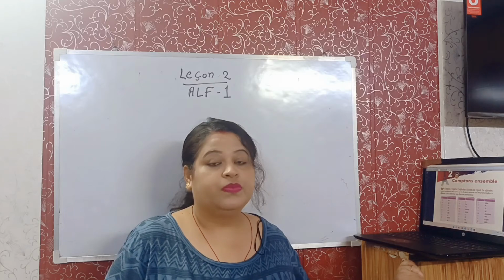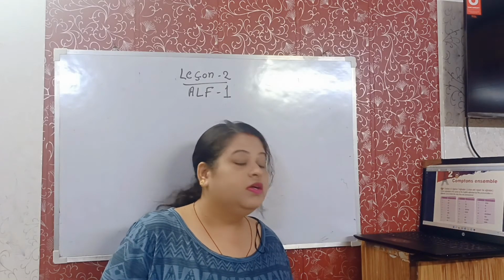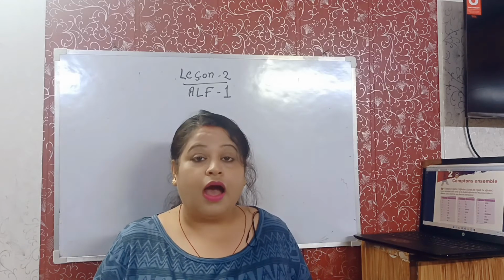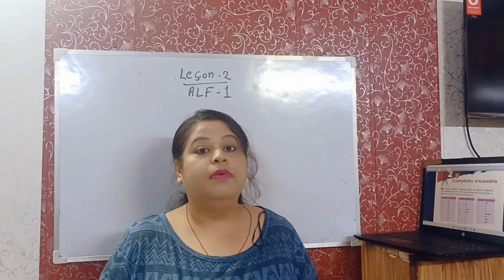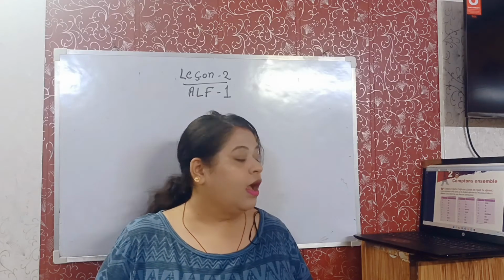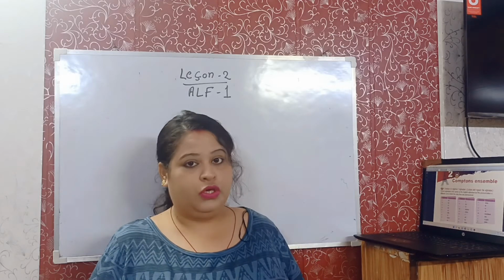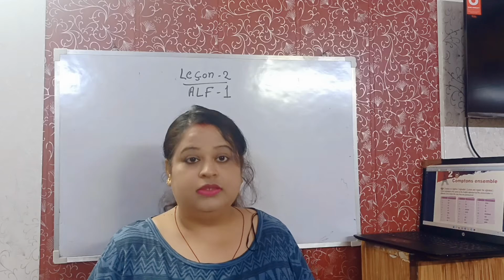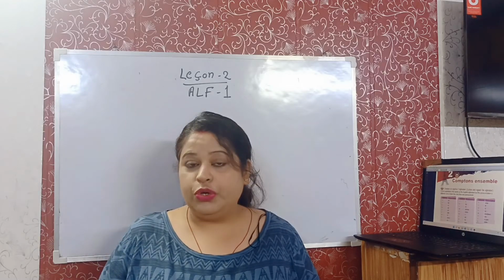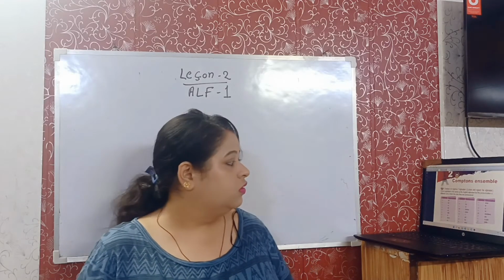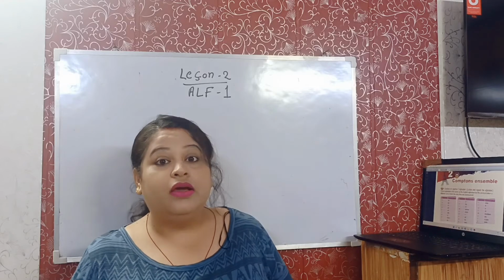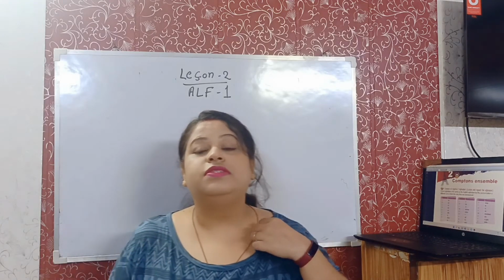I, E. J is called G. K, L, M, N, O, P, Q, R, S, T, U, V, W, X, Y, Z. So I have said all the alphabets.